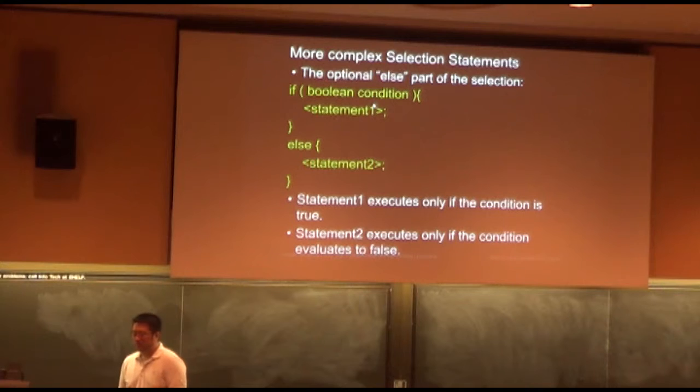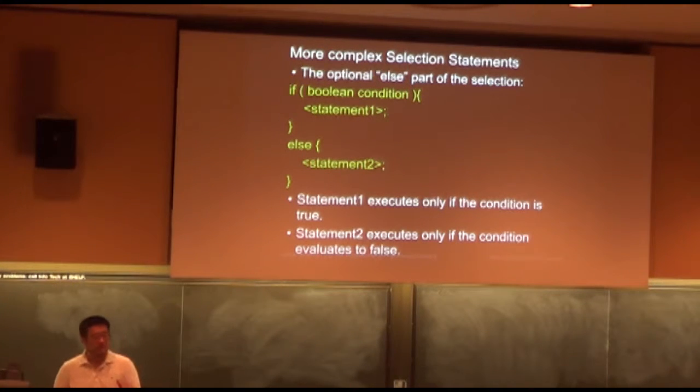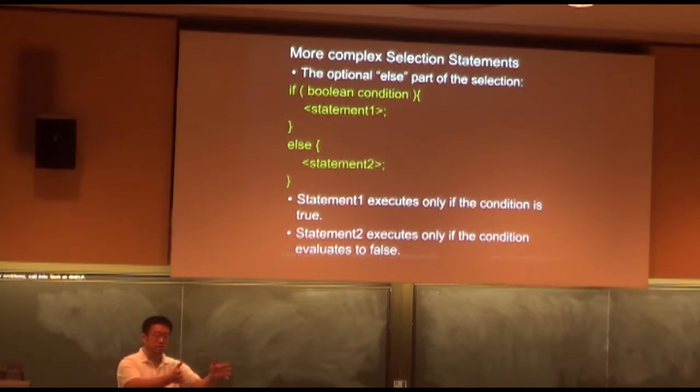In order to have better control over the code that you're running, sometimes you want to have code that runs if the condition is false. So you want to have code that runs if it's true, and a different set of code that runs if it's false. But regardless of the truth or falsehood of the condition, you want one of those two to run. In that case, you have the else statement.